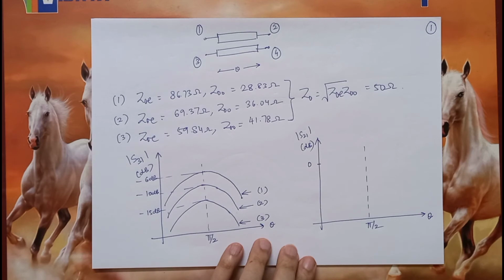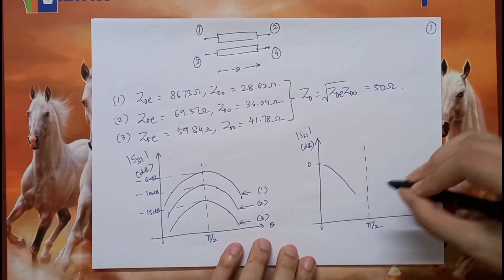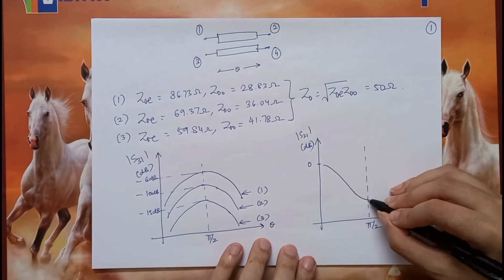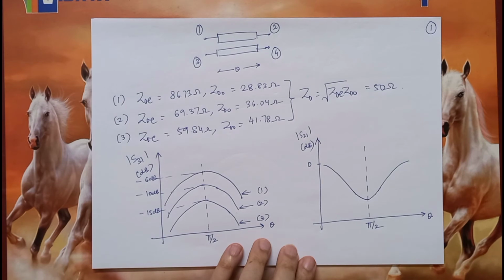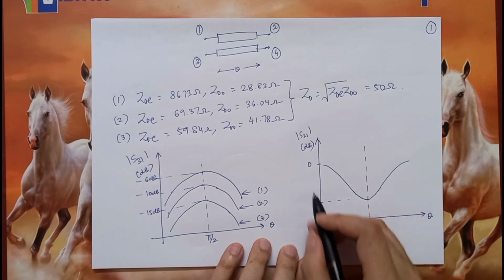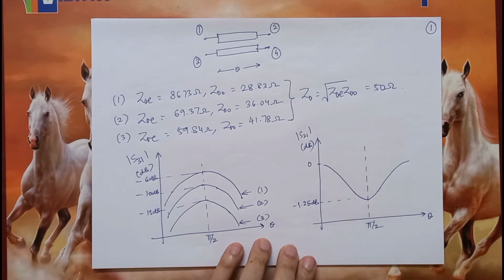What you will notice is, for case 1, you will see something like this. The minima you will get at pi by 2, and the value of that minima is minus 1.25 dB.